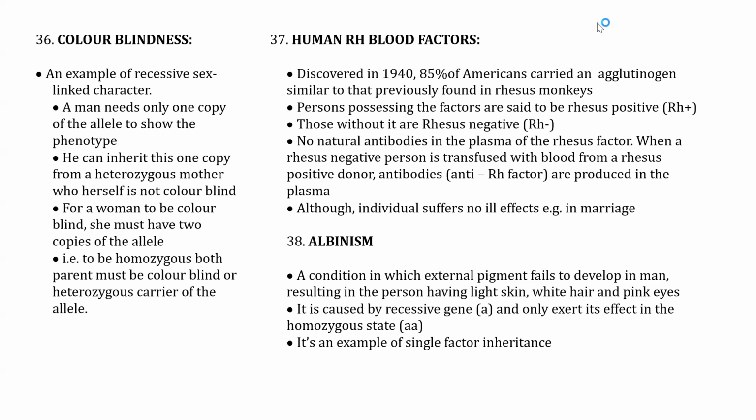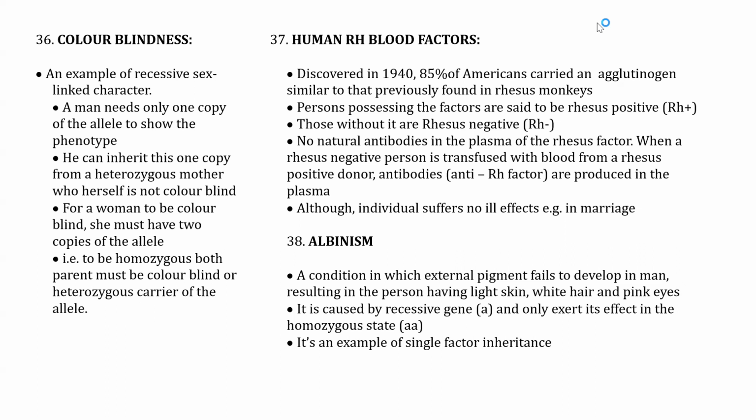Now, remember, I said Rh positive, that's those that have the rhesus factor. They don't have natural antibodies. So, I wish I could use something to explain, but I'll explain with my mouth here.